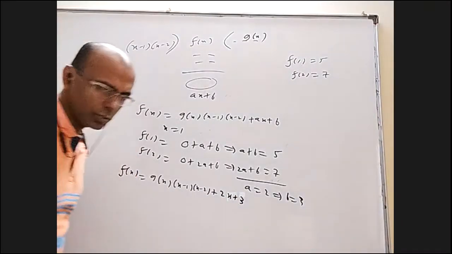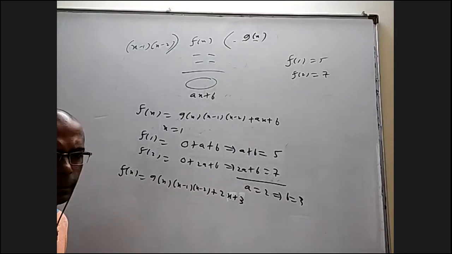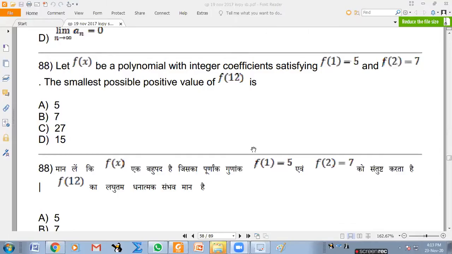Now, what is it that they want? They want the smallest positive value of f of 12. Smallest possible positive value of f of 12.